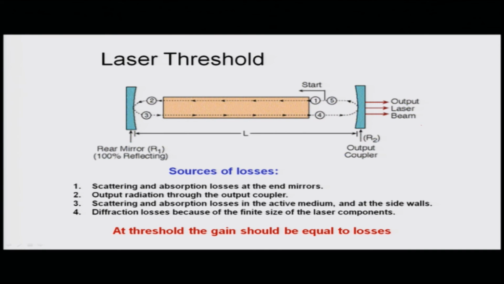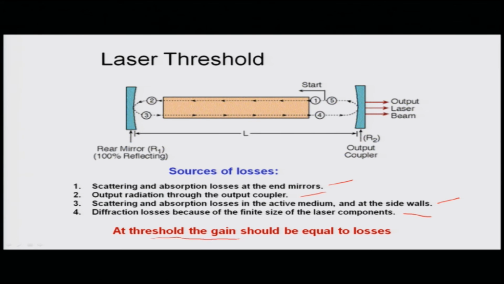The laser threshold issues can be looked at by calculating the losses, because as you go further into this idea of lasing, you have to also take care of the principles of the thresholds. In this case the sources of losses can be scattering and absorption losses by the mirrors, output radiation through the output coupler, scattering and absorption losses of the active medium and the sidewalls, and diffraction losses because of the finite size of the laser components.